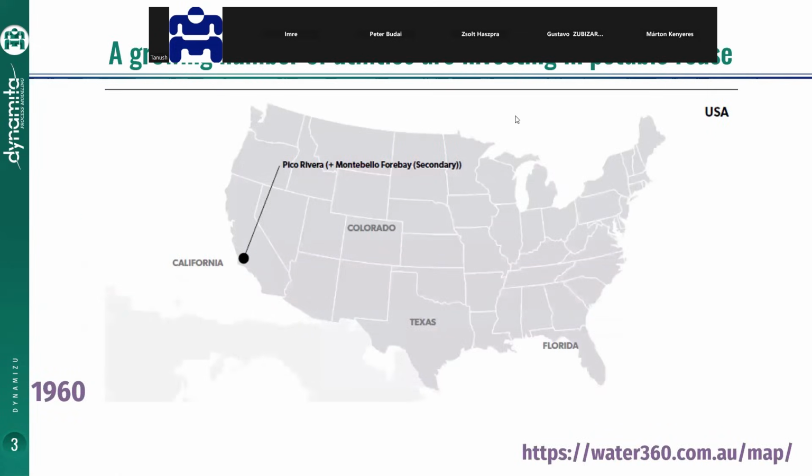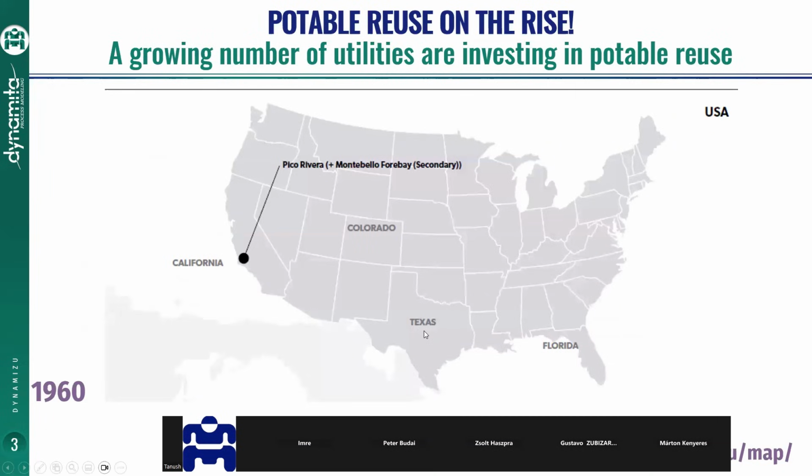So before we dive into the technical aspect, I want to mention the growth of reuse application in our industry. This is only potable reuse, which means that the wastewater is being treated and cleaned further using reuse application so that it can be used for drinking either now or in the future. So this does not include other non-potable reuse applications.